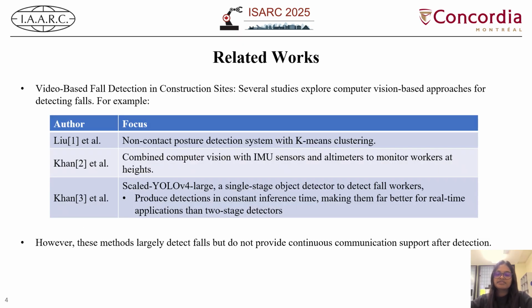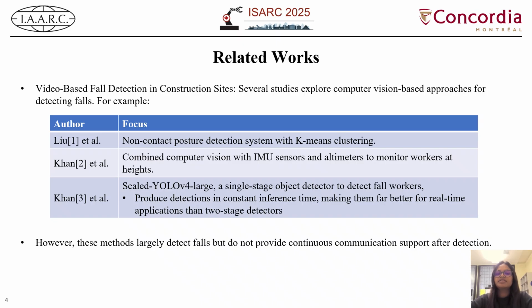In the related work section, there is video-based fall detection in construction sites. Several studies explore computer vision-based approaches. For example, Liu introduced a non-hardhat-use detection system using k-means clustering. Another work combined computer vision with IMU sensors and an altimeter to monitor workers at height.